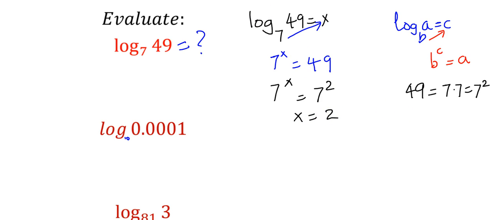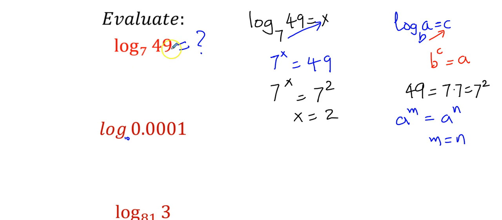Like if a to the power of m is equal to a to the power of n, then m is equal to n. Because the bases are equal, the exponents will become equal. So here, because of the same 7s as the bases, the exponents became equal. So x is equal to 2.